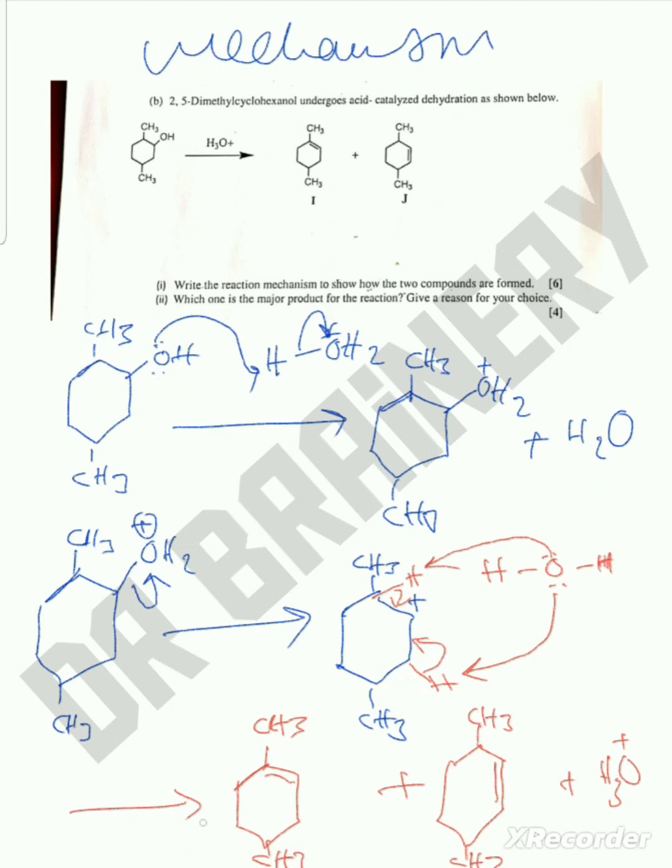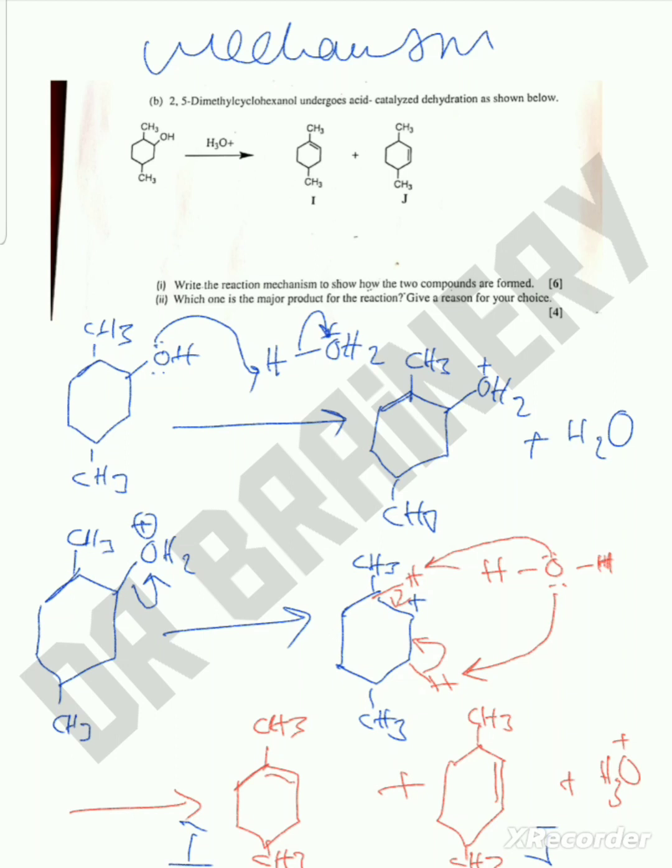So for the products, there is I and also J. Here there is I, then here there is J. I will be the major product and J will be the minor product.